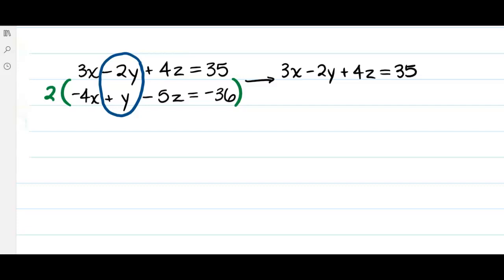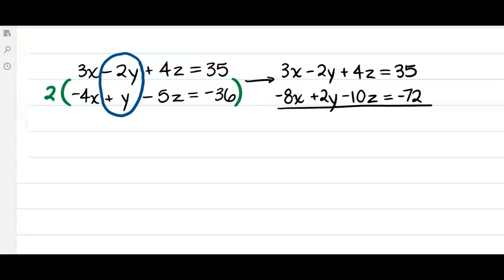My second equation, I'm going to multiply each term by 2, so I get negative 8x, positive 2y, that's good, they're going to cancel, negative 10z equals negative 72.